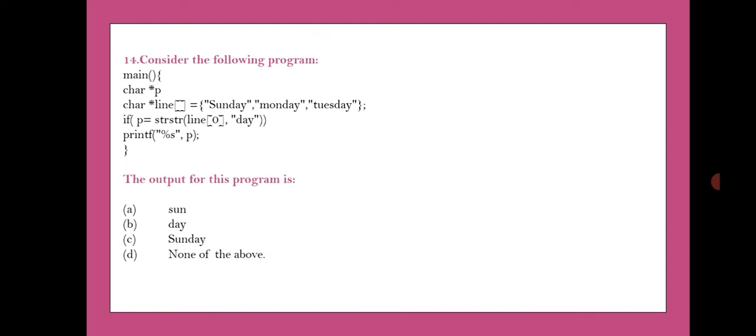The sequence is, if you have a character pointer P and a constant char pointer Q, it returns a pointer to the first occurrence of the string Q in P, isn't it? strstr of constant character pointer P, constant character pointer Q returns the first occurrence of string Q in P. Here we have line 1 and we are searching for the first appearance of the string day.